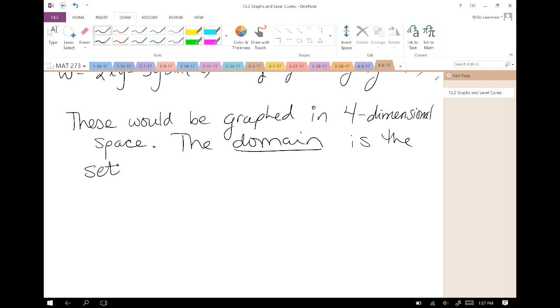Domain. If there are 3 independent variables, the domain is going to be a set of ordered triples.